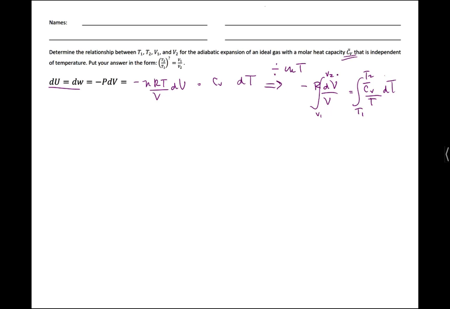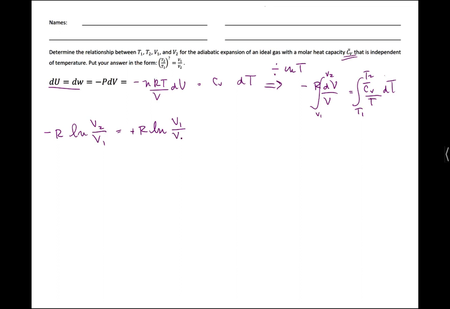Okay? All right, looking at the left side, this is going to get me minus R. What's the integral of 1 over V with respect to V? ln V, from V1 to V2. That's equal to plus R ln, who's on top?